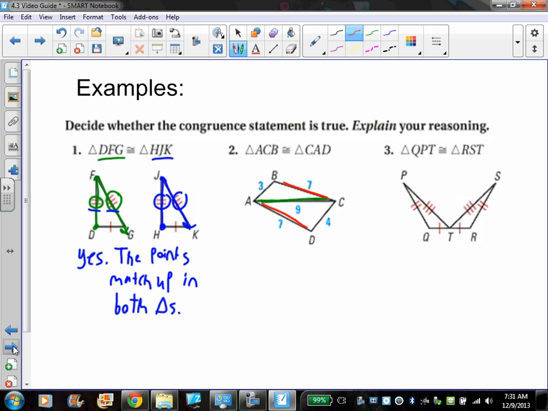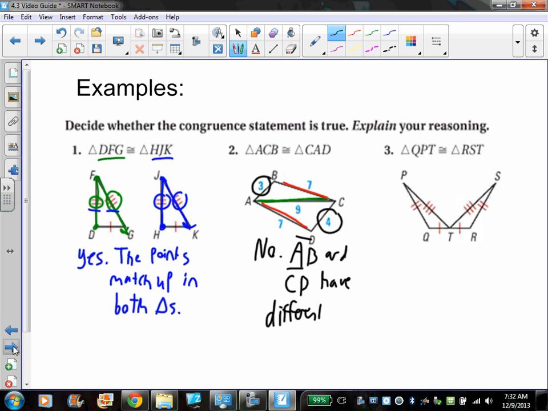They both have a length of 7. But we run into a problem when we look at the last side, because this one has a length of 3, and this one has a length of 4. That means that this cannot be true. AB and CD have different lengths. So we know that that one's not true.